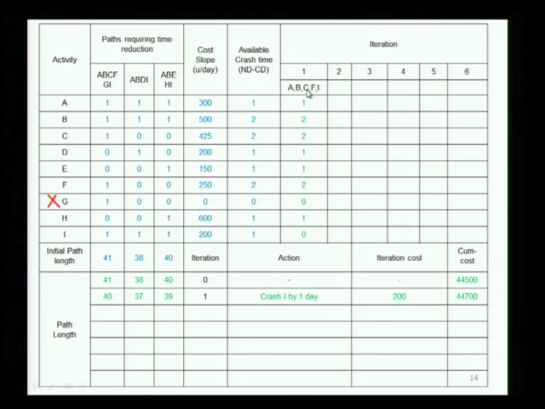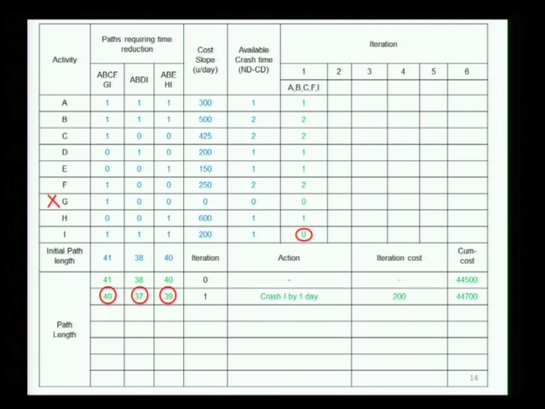So you are going ABCFGI, now you have crashed I by 1 day, there is no more space left to crash I, and your path is reduced to 40. All the paths have reduced by 1, and your cost has increased by 200, gone to 44,700.